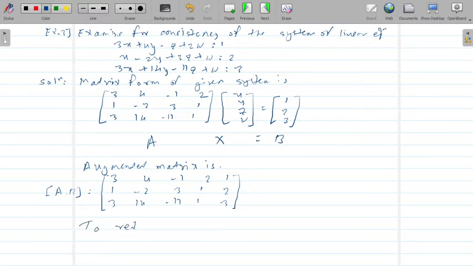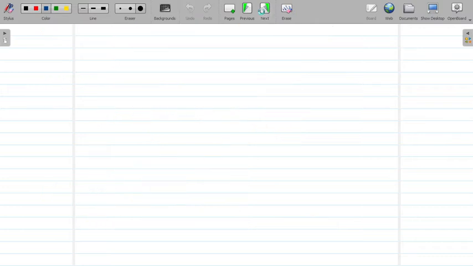To reduce this matrix to echelon form, we require A11 equal to 1. So you can apply interchange of first and second row, R12.